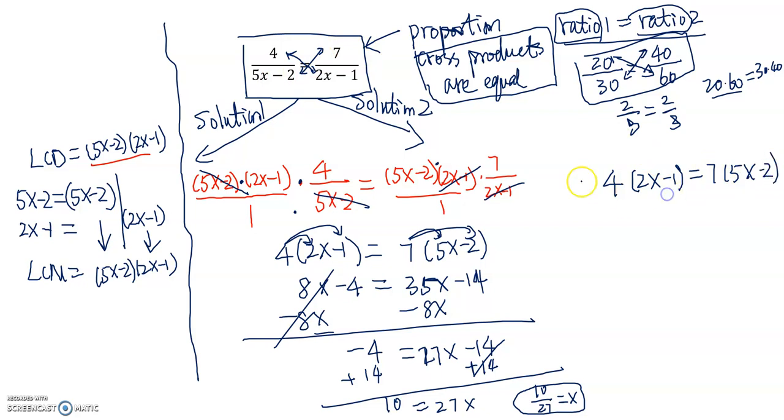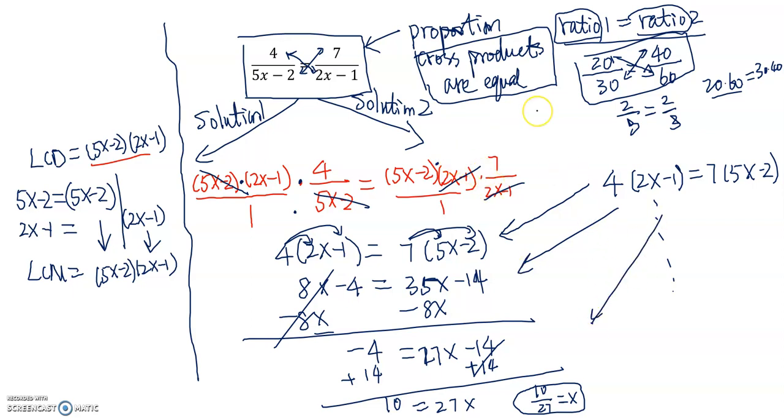As you can see, this is exactly the same as what we got previously when we multiplied both sides by the LCD, but much quicker, without finding the LCD and crossing out the common factors. And you can continue with exactly the same process.